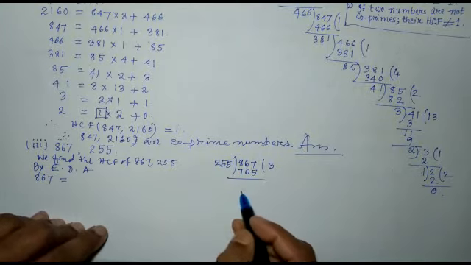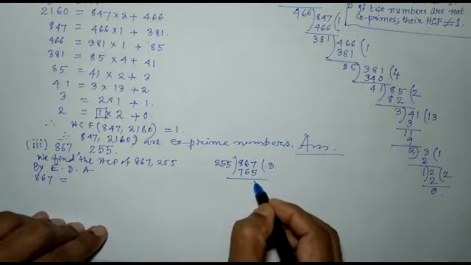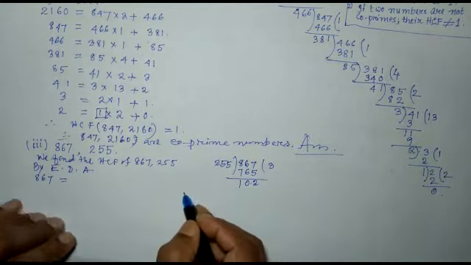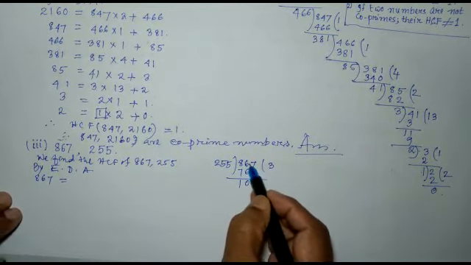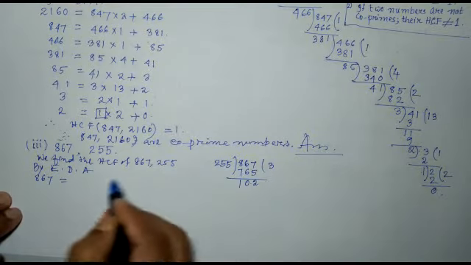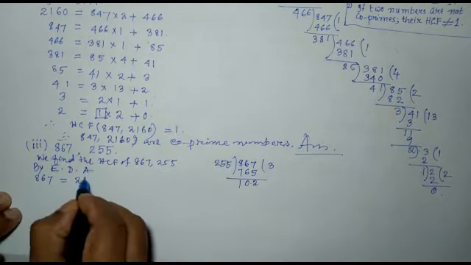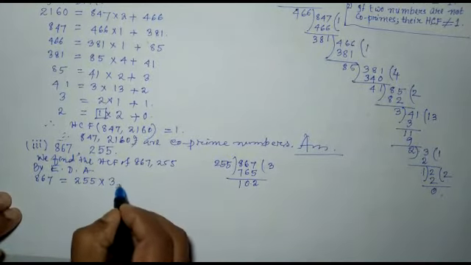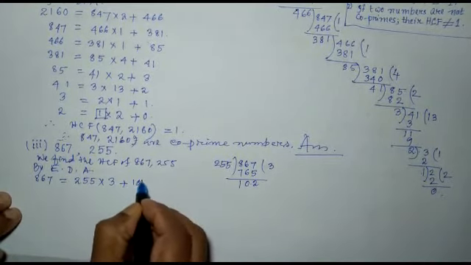Subtracting, here is 2, then 0, then 1. So for this division, the dividend is 867, the divisor is 255, the quotient is 3 plus the remainder is 102.